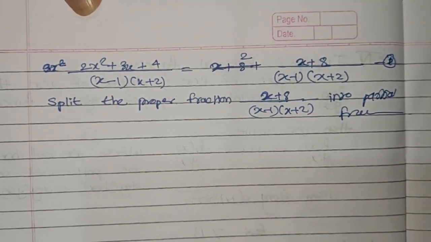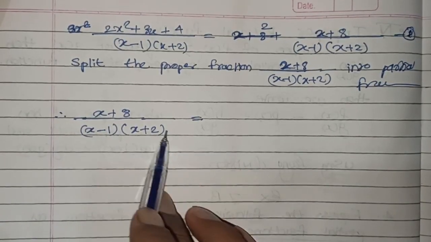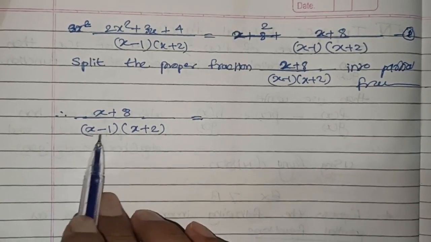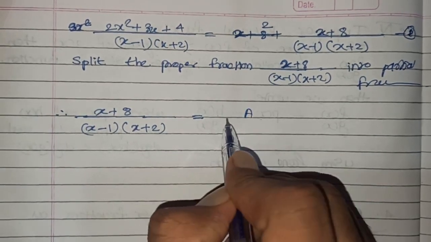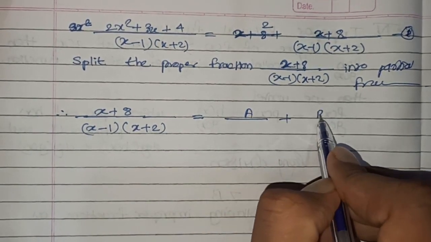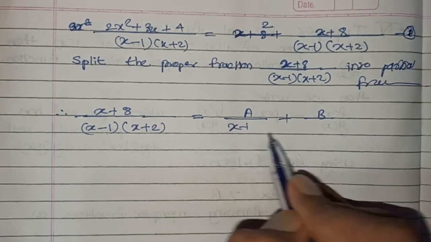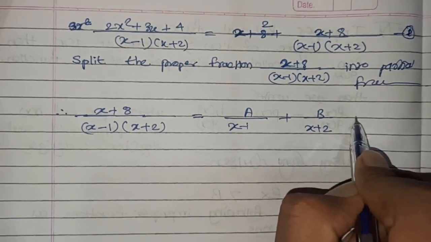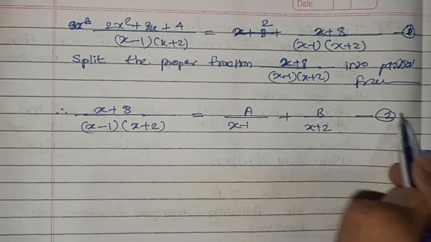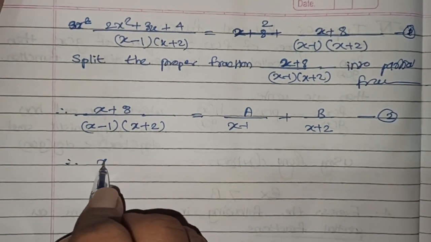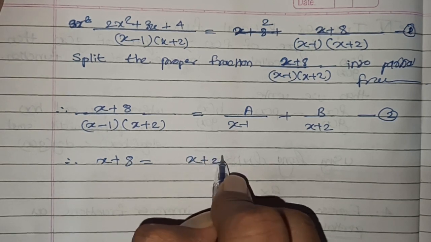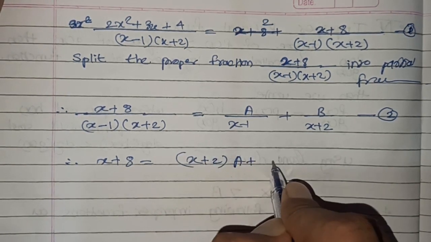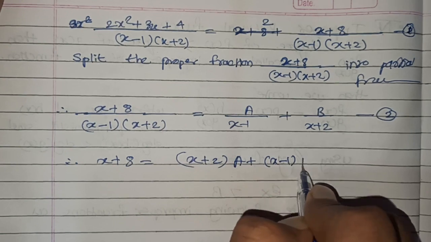Okay, now here denominator is a product of two non-repeated linear factors, so we get a upon one factor plus b upon the other factor. Call this as equation number second, and hence x plus 8 equal to, cross multiply, x plus 2 into a plus x minus 1 into b.